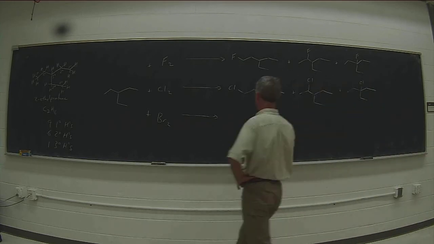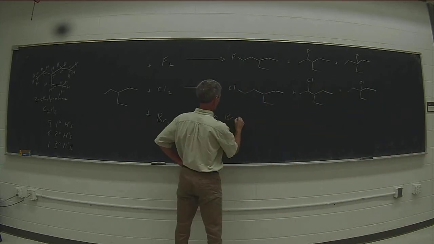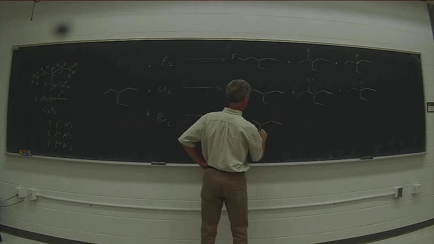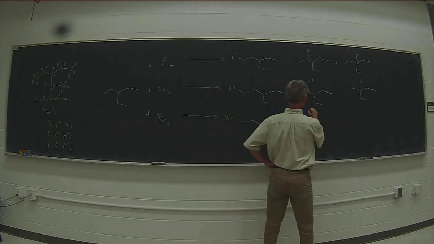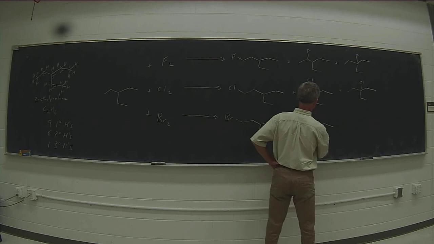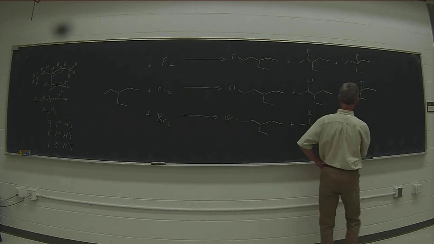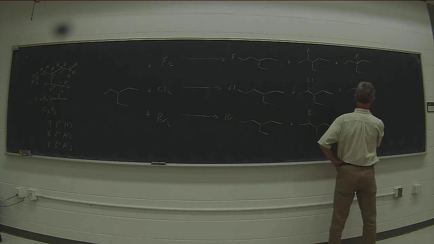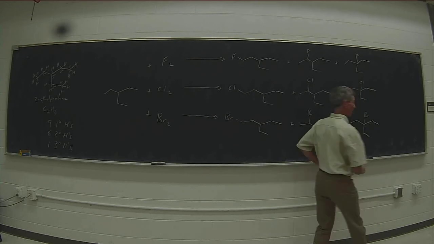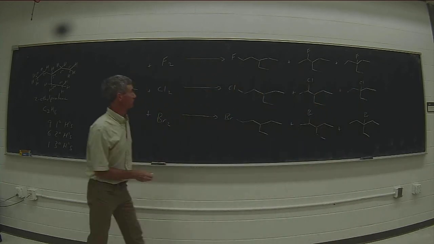Bromine, the same 3 possible products. There are 3 possible positions that the halogen can be introduced.